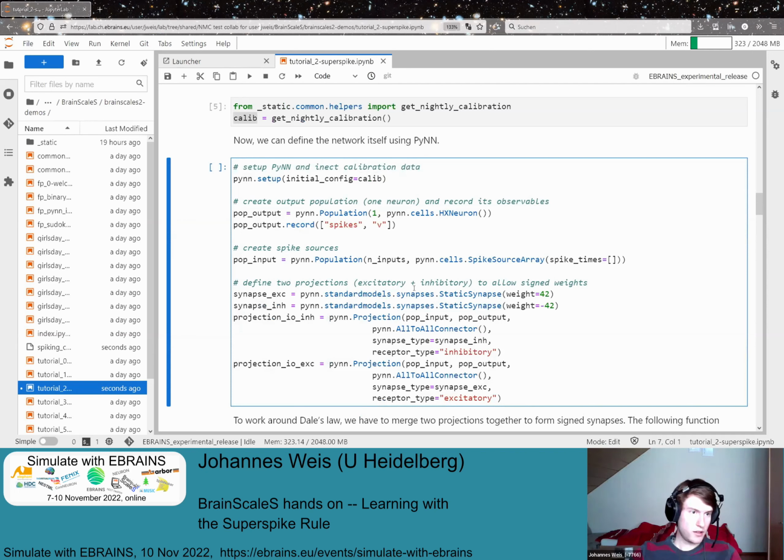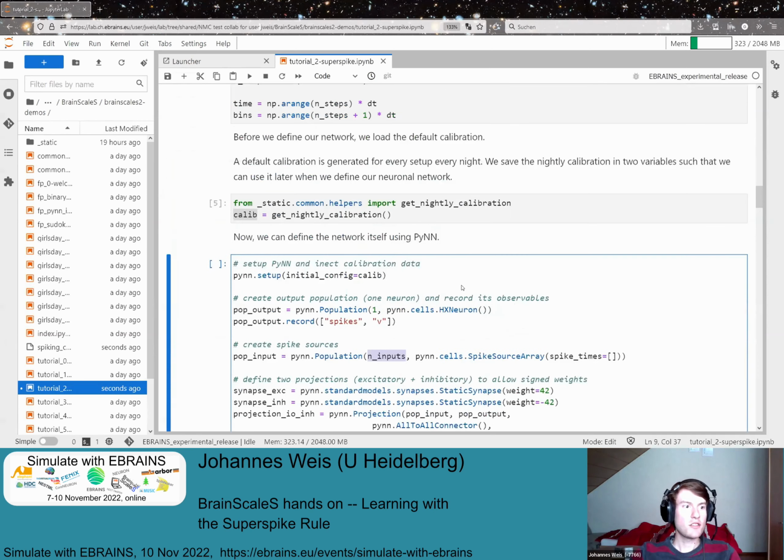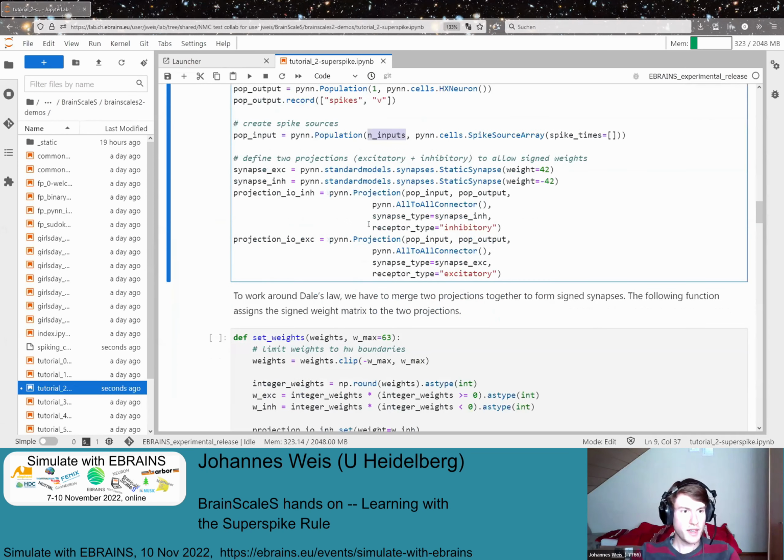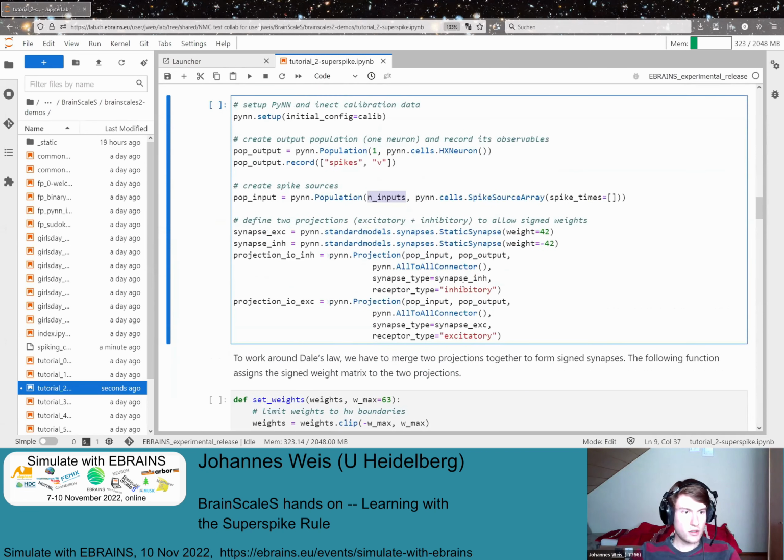We are going to create spike sources, 25 of them as we defined above, and we also create connections from all those inputs to the output neuron. Since a connection in Pine, a projection, is only excitatory or inhibitory, we use two of them in order to allow signed weights.